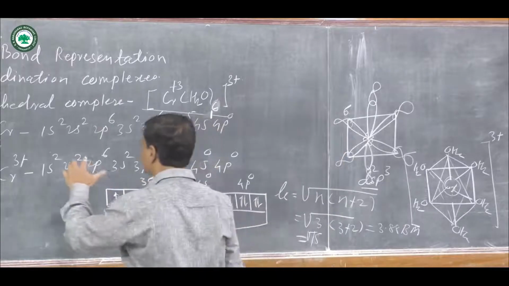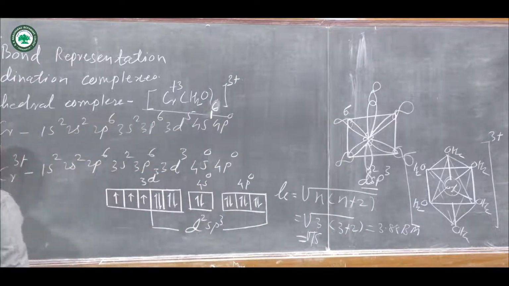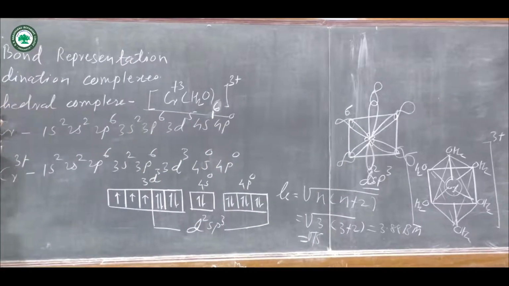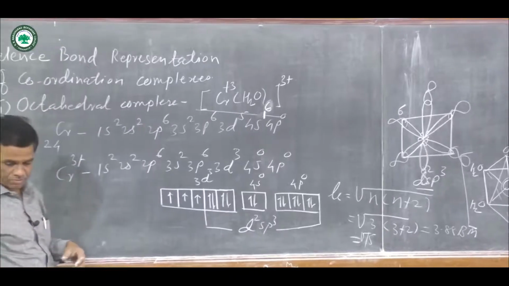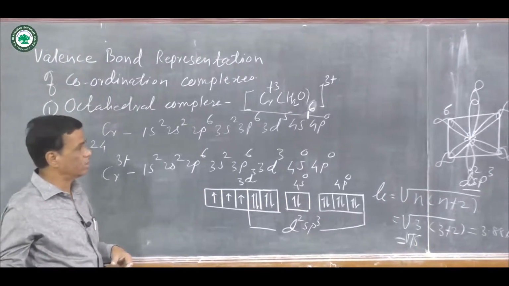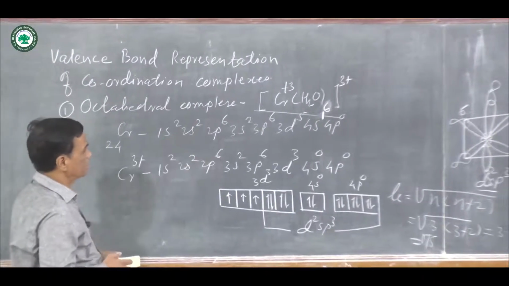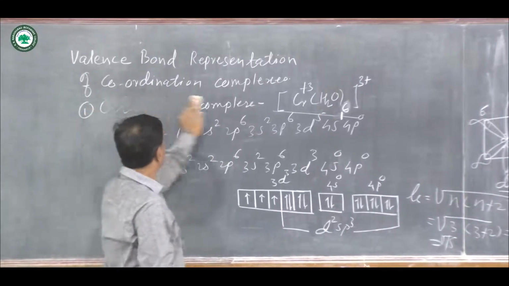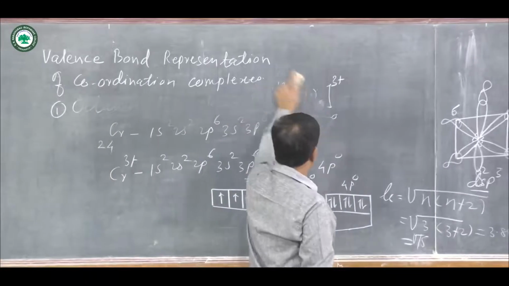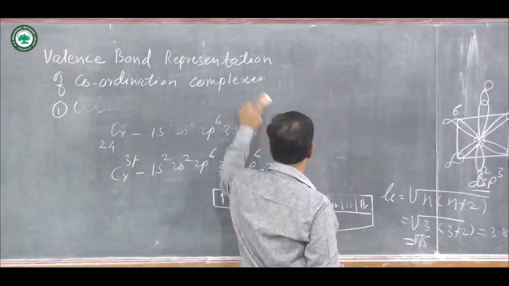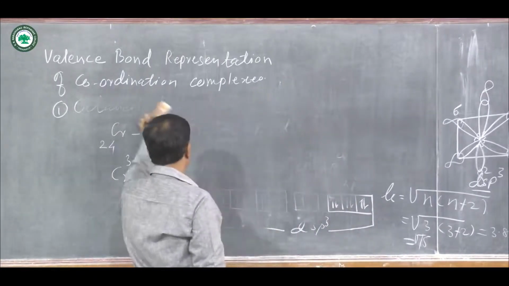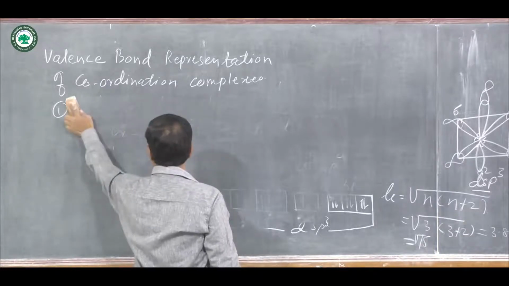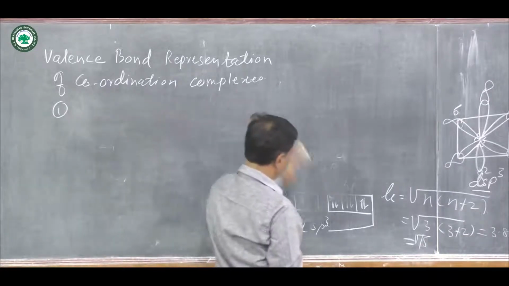That is the first example for the representation of coordination complexes in octahedral field, or octahedral complex, and one example is [Cr(H2O)6]3+. Then the second example for the representation of a coordination compound by valence bond theory is tetrahedral hybridization.